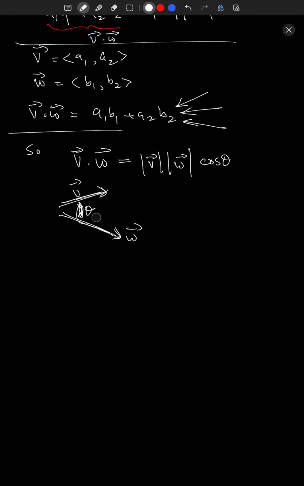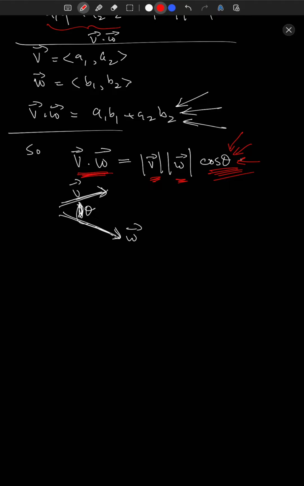And in many ways, the right way to think of this is that the dot product tells you about the angle. Because in a lot of circumstances, the angle is the thing that's hard to calculate. Lengths are easy, you just use square roots and you get the length. But angles are hard to calculate. The dot product is easy to calculate as well, just from a1, b1, a2, b2.